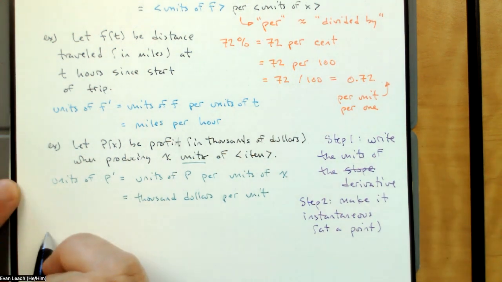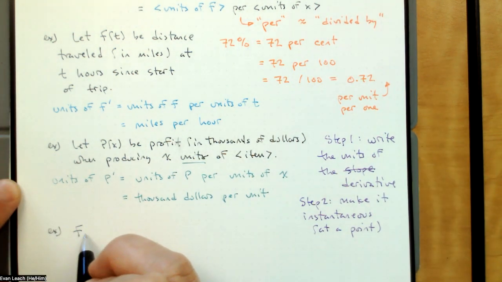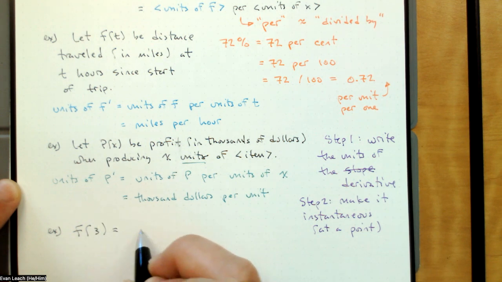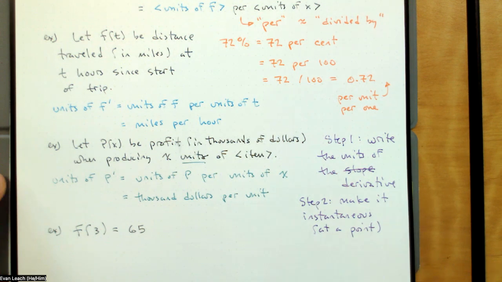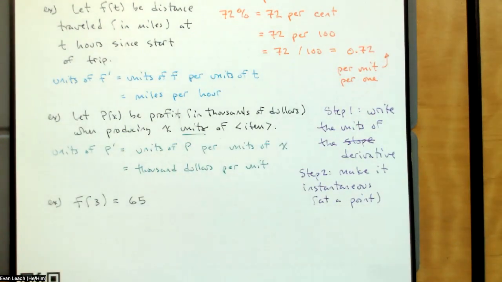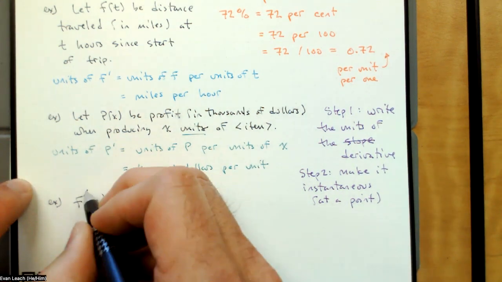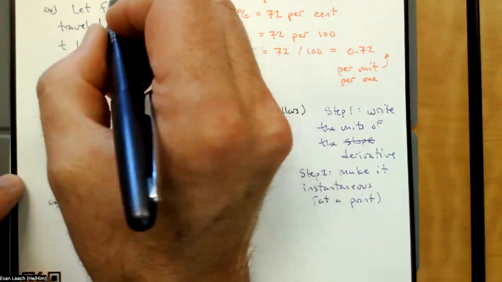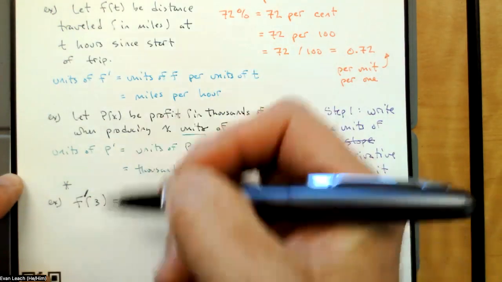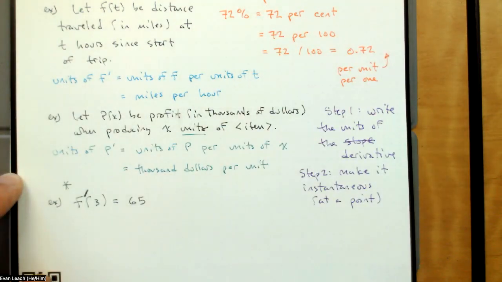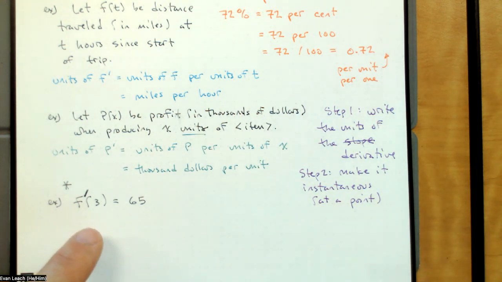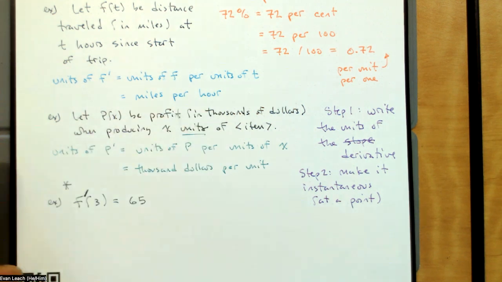So for example, if I see something like f prime of 3 using the same f, we would interpret this as after 3 hours, our instantaneous rate of change, or in this case, our speed, was 65 miles per hour.